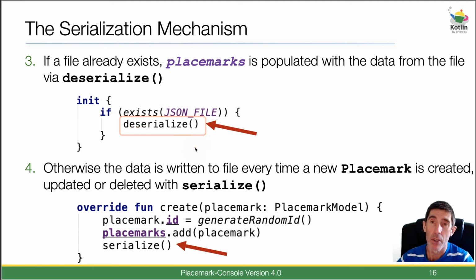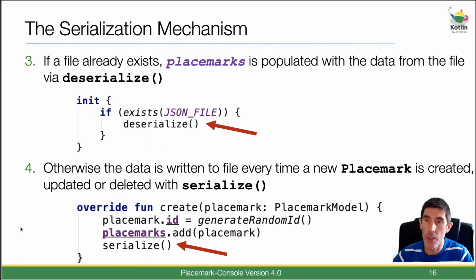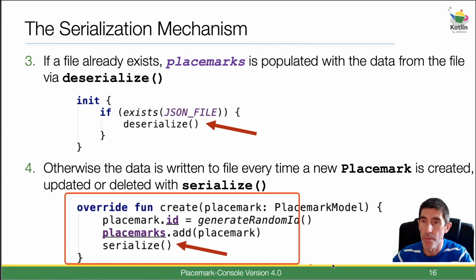That reads from our JSON file and converts the JSON into its Kotlin equivalent in that mutable list. Otherwise, the data is written to the file every time a new placemark is created, updated, or deleted, with serialize.